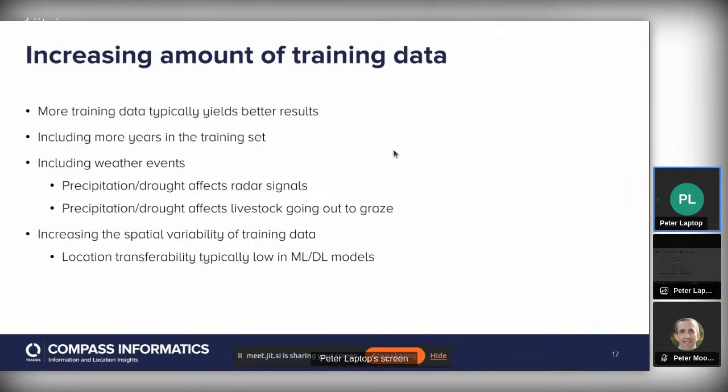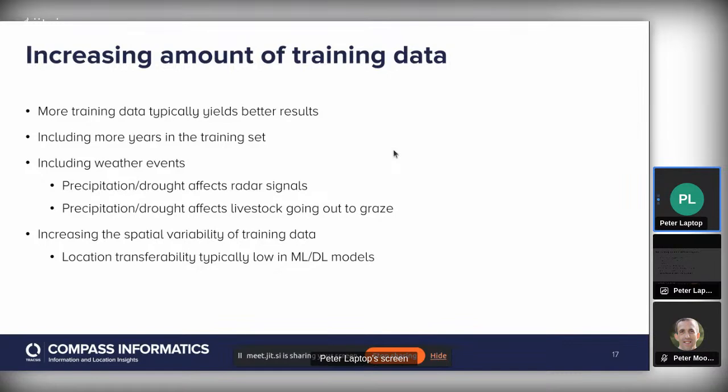Precipitation will decrease the backscatter, whereas drought will increase it. It also affects the probability that livestock will go out to graze. If it's been raining a lot, a farmer will not want his livestock out because it will damage the grass too much. These would all be important factors for the classification model.